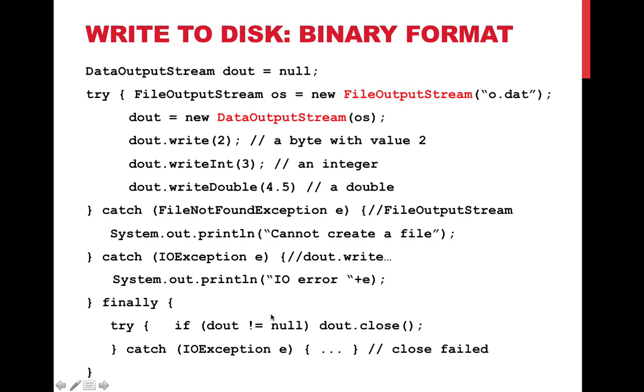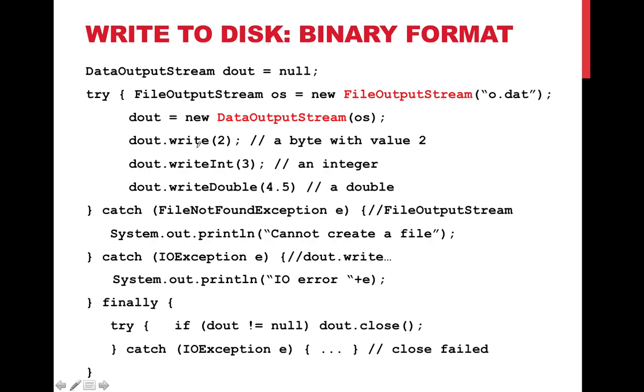The next example is how to write binary format data to disk. Another pair of classes is used. The low level interface is FileOutputStream, where the file is to be created, and you wrap this object with DataOutputStream. DataOutputStream provides a method for each data type of the Java language.